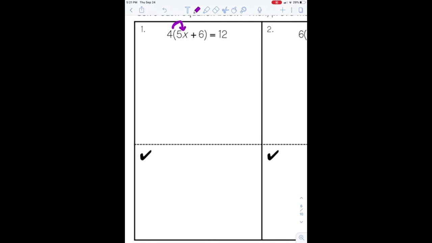So I'm going to distribute my 4 to both terms in the parentheses, and I'm going to have 4 times 5x and then 4 times 6. So 4 times 5x is going to give me 20x, and 4 times 6 is going to give me 24.